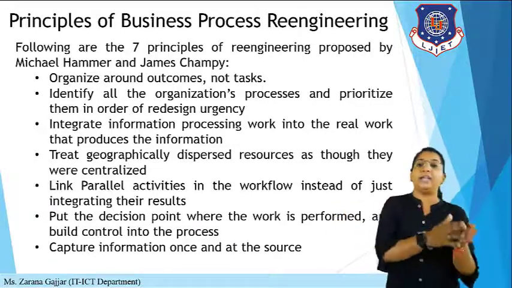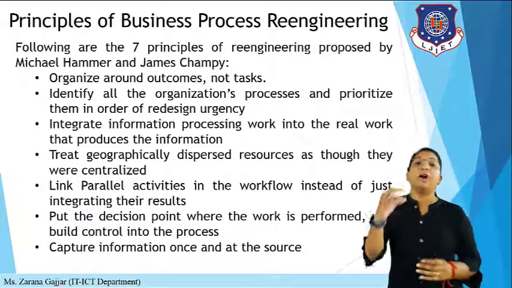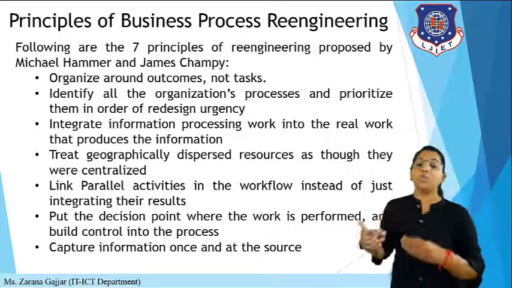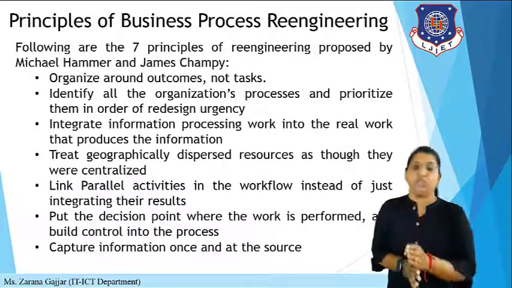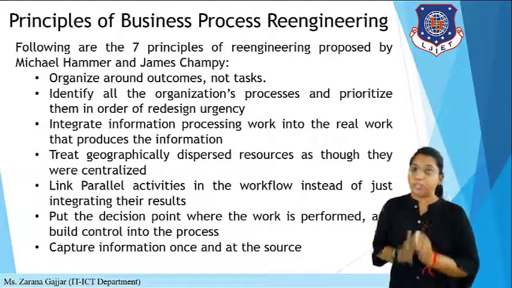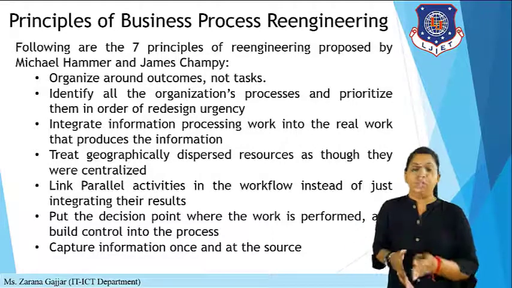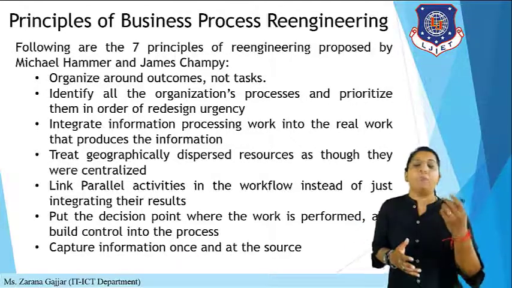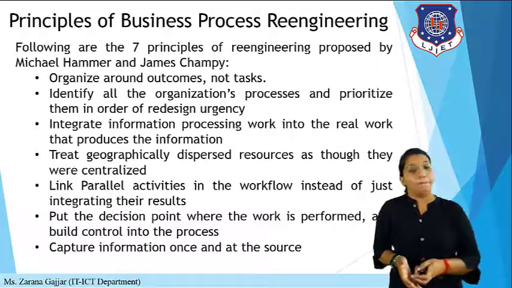All the parallel activities are linked together. Then you have to put the decision point where the work is performed and build control into the process. So whatever the decision point, you have to mention in your project, and also the control for that process. And at last, it will capture information once and at the source. So this is all about the principles of BPR.